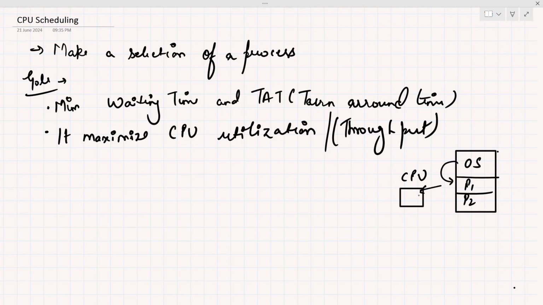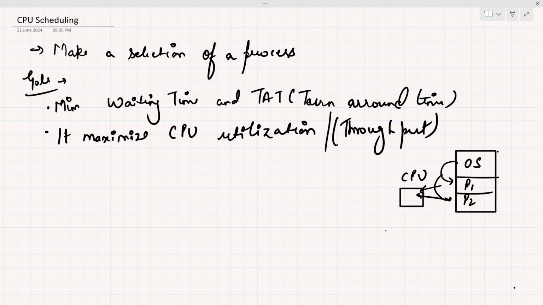When P1 is executed, the CPU scheduler schedules P2 to the CPU. So now you see that CPU utilization is going on and the CPU has not become idle. Idle means the CPU is empty, and here whatever the processes are, the CPU executes them. This is the CPU scheduling goal: to maximize CPU utilization.